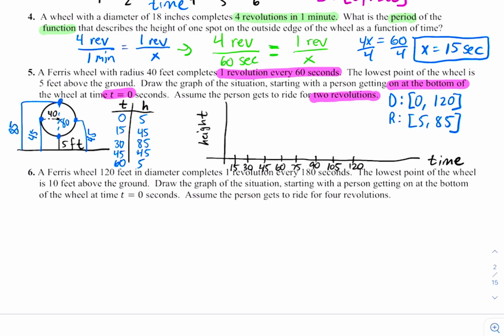And then for my height, again, I'm just picking a scale. So yours could be different from mine. So I'm going to choose to count by 10s. So I just need to make sure that I'm going at least up to 85. So 10, 20, 30, 40, 50, 60, 70, 80, 90.